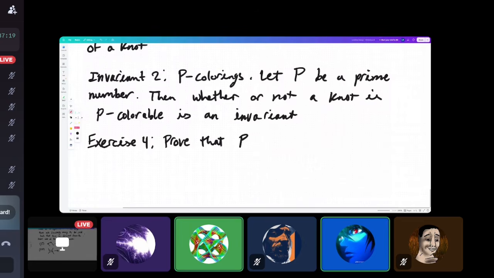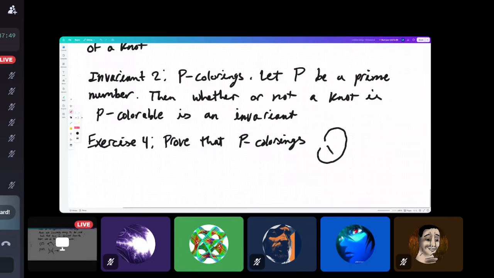Sorry, I have a question. Yeah. With invariant 2, you say whether or not a knot is P colorable is an invariant. I'm not sure how I'm supposed to interpret that. So let's say you have the trefoil knot, for example.